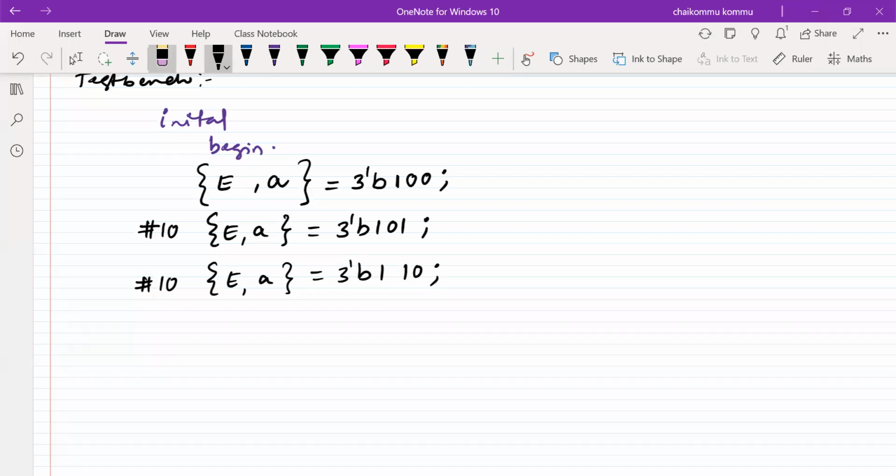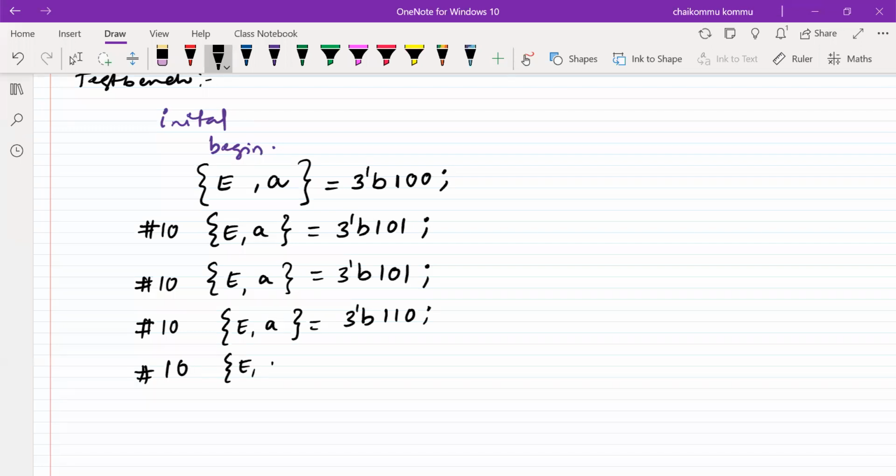Don't use spaces; I'm writing spaces, but we should not write them. So 0 1. Another 10 nanoseconds, enable is equal to the 3-bit value 110. Lastly, another 10 nanoseconds, enable is equal to the 3-bit value 111. That's all.